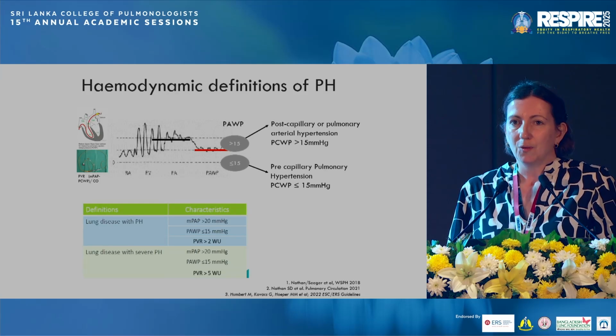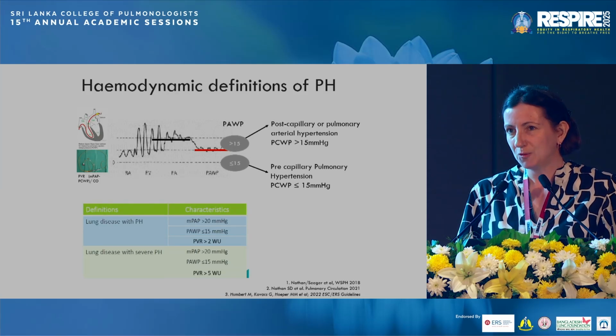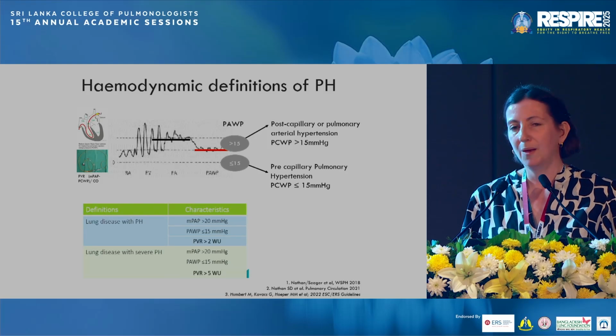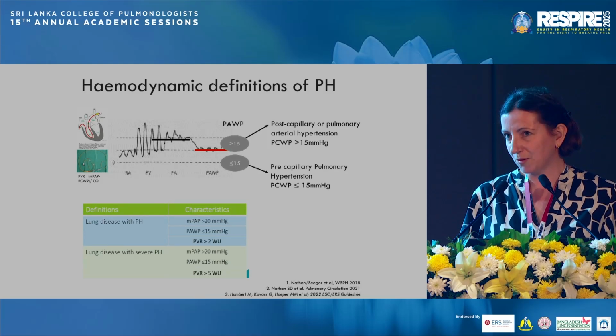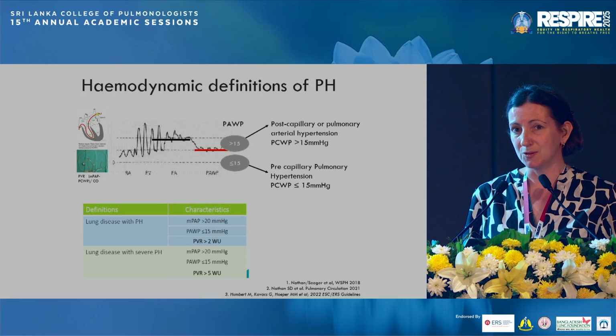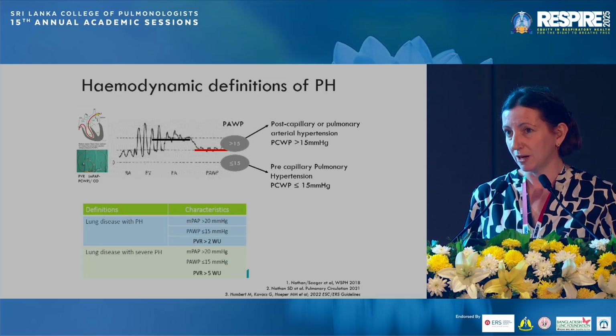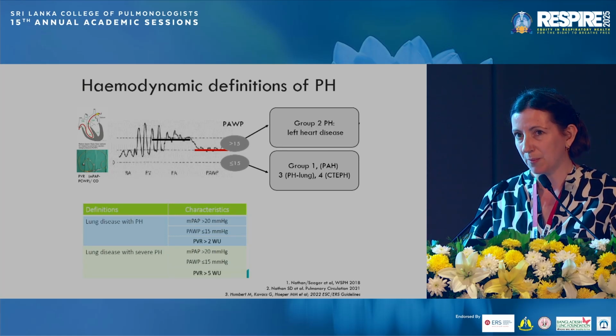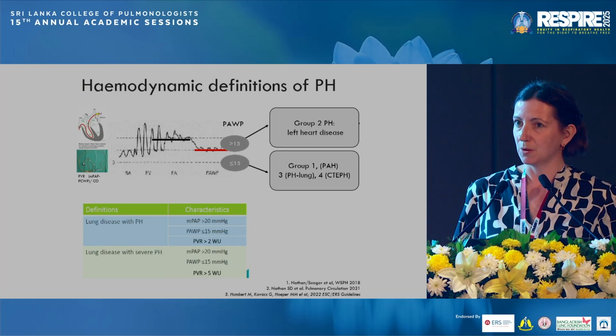And also the use of the wedge pressure is really important. I'm sure you've had talks on this before, but just to remind us, the left atrial hypertension, the elevated pressures on the left side of the heart, can be estimated using the pulmonary artery wedge pressure. And that divides into group 2, so left heart-driven pulmonary hypertension, and everyone else, so all the others, 1, 3, 4, and 5.